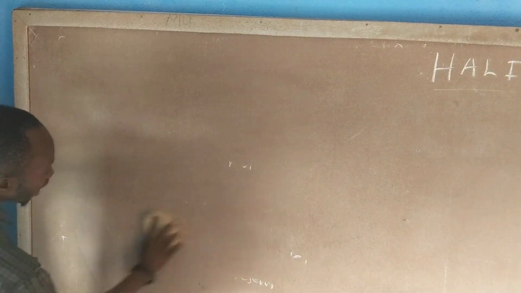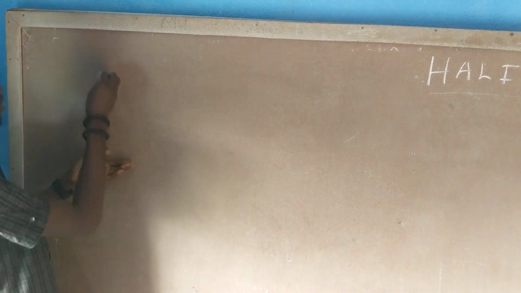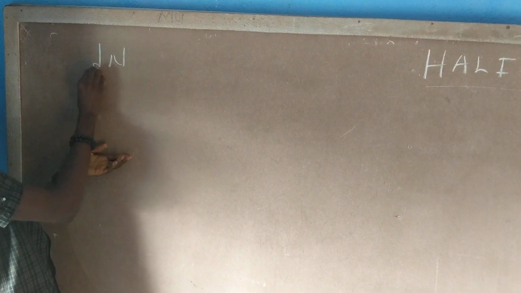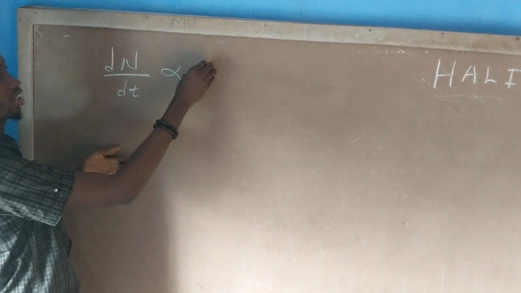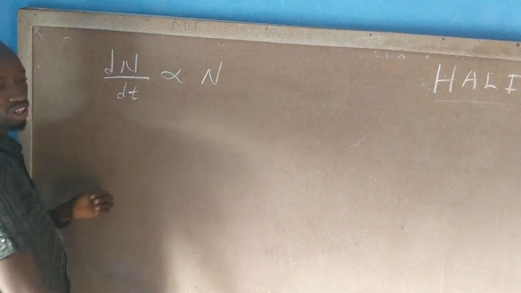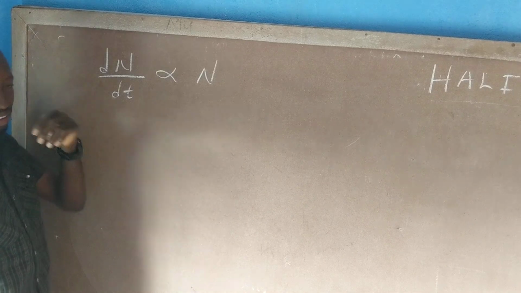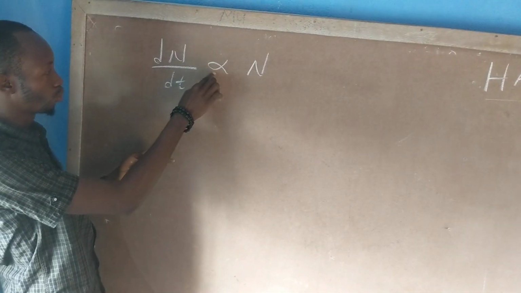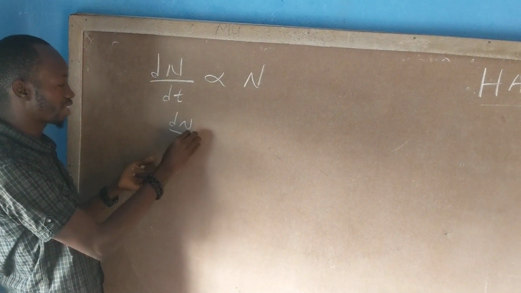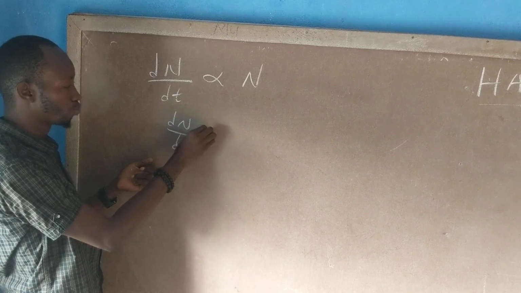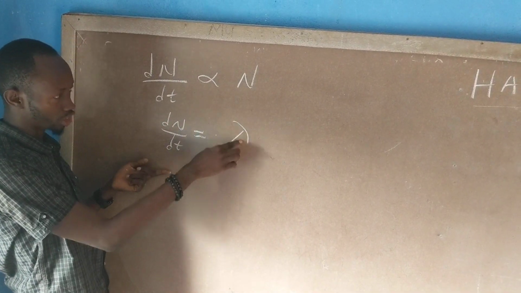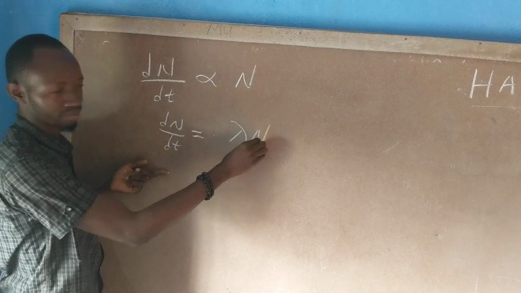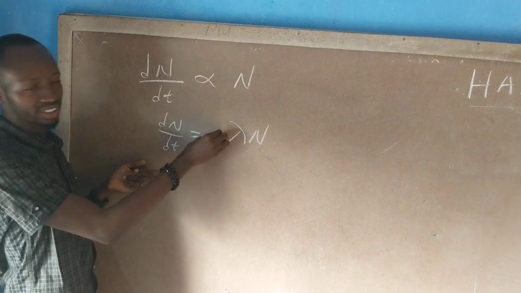The probability per decay time, dN over dt, is directly proportional to the number of nuclei present at that particular time. If we remove the proportionality, we have dN over dt equals lambda, which is a constant, times N, and we add a negative sign.